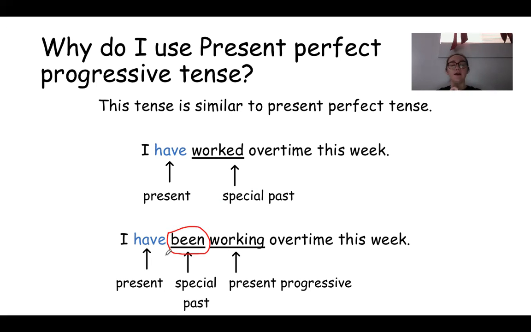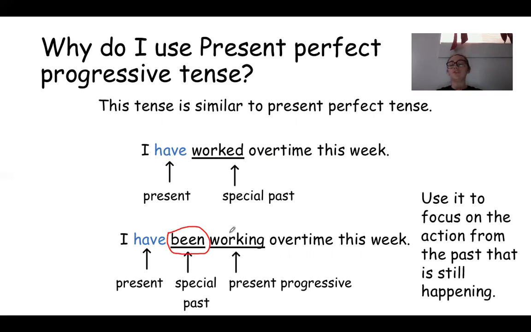So that means you don't just need have and then been. You need to have the verb that's telling us what's happening, right? So you use it to focus on the action from the past that is still happening. And that's why you use the ing, because the ing, the progressive, helps people know, okay, this verb is something that is continuous, right? It keeps going, right?